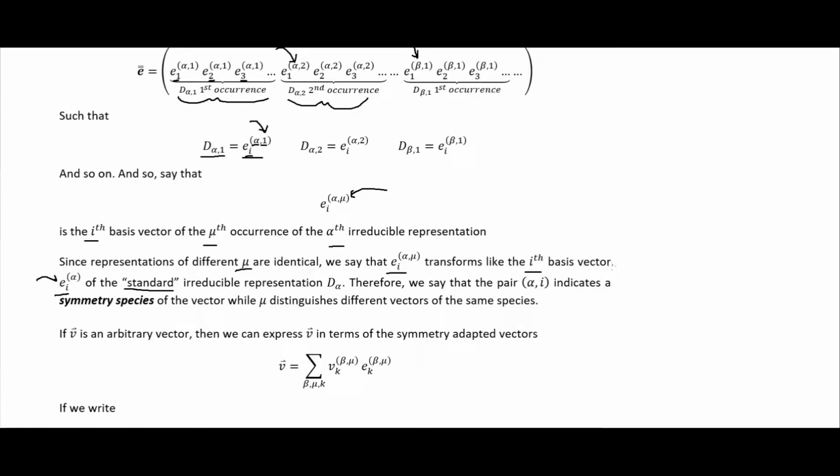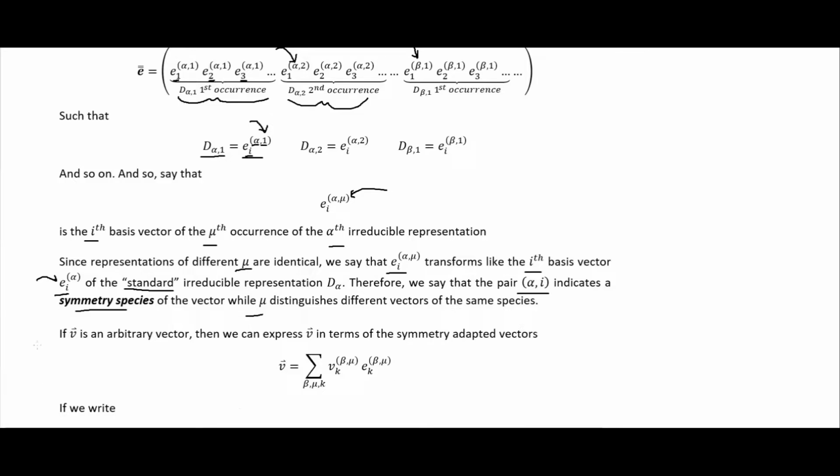Therefore, we say that the pair alpha I indicates a symmetry species of the vector, while mu distinguishes different vectors of the same species. I know this all sounds really abstract, but at the end of this video, I'm going to go through an example using our C3v example group. For now, I'm just laying out the abstract way of thinking about this.